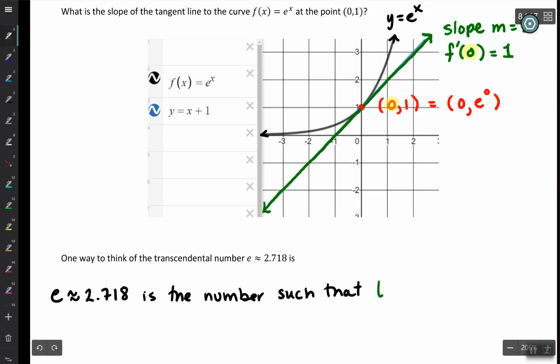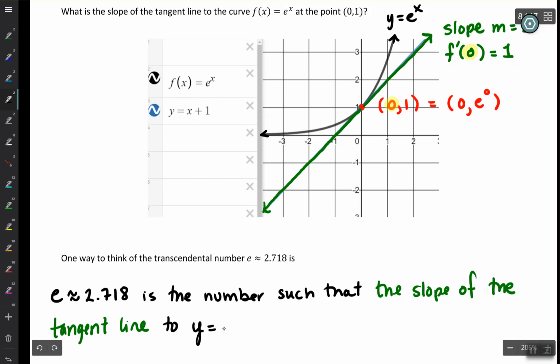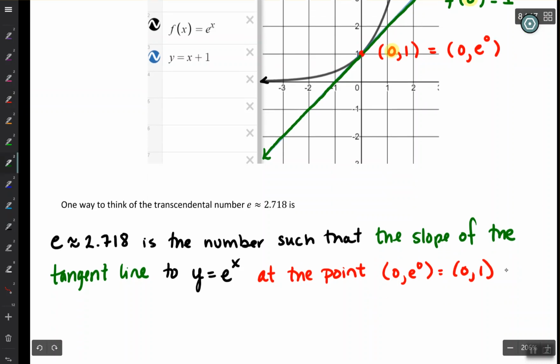The slope of the tangent line to what curve? To y equals, or f of x equals e to the x at the point 0, 1, right? 0, e to the 0. At the point 0, 1, the slope there is exactly 1.